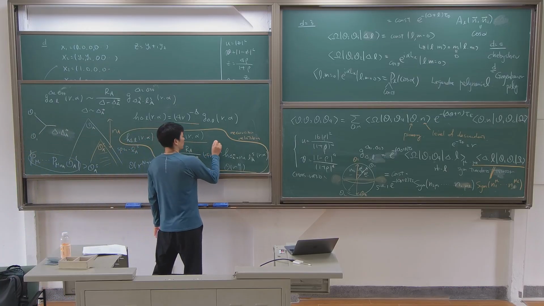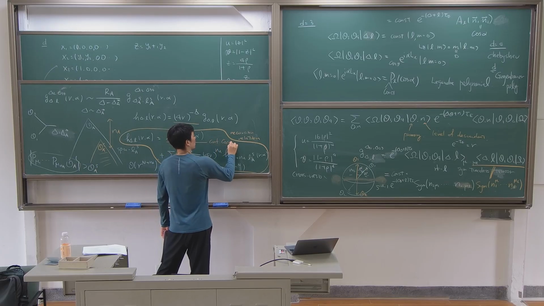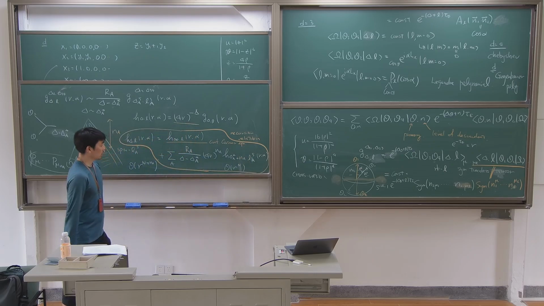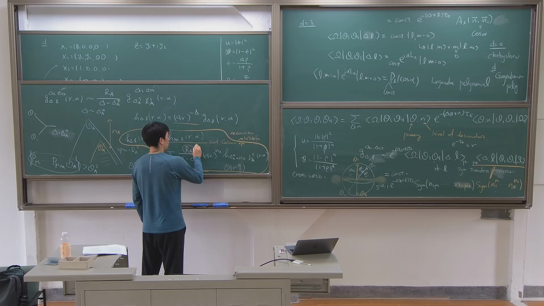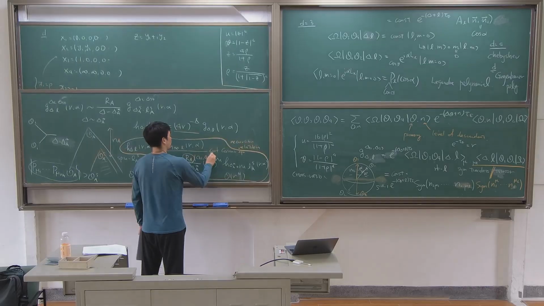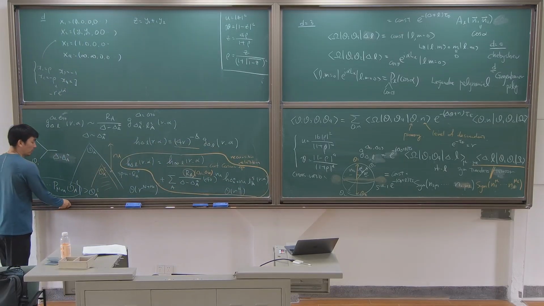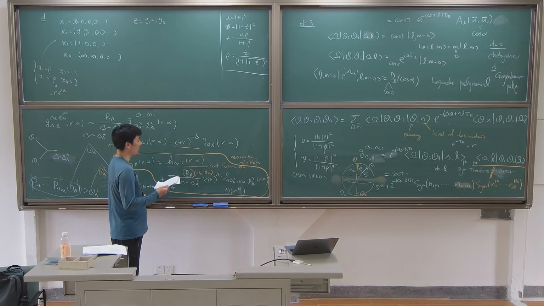This is determined by the conformal Casimir equation, and also this R A is some constant. This constant is written in terms of delta 1, 2 and delta 3, 4. This constant is also well understood, and I'm not going to write down the expression.